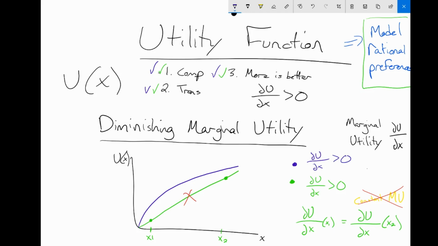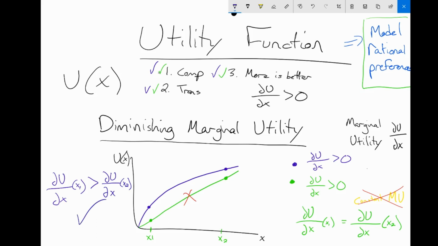Excellent. But now, let's think about its value at x1 and its value at x2, or the value of the derivative. The marginal utility at x1 is greater than the marginal utility at x2.